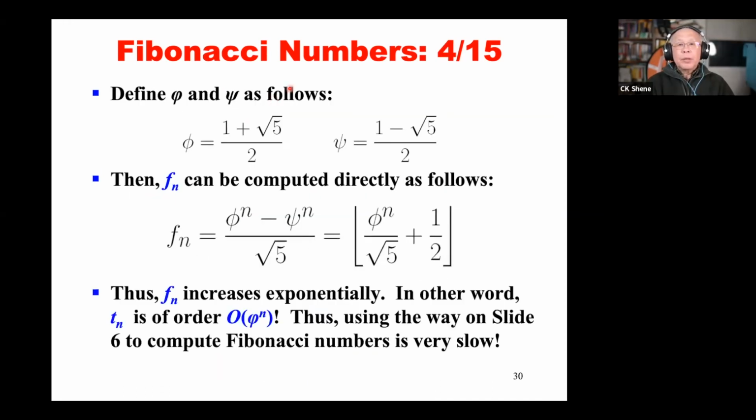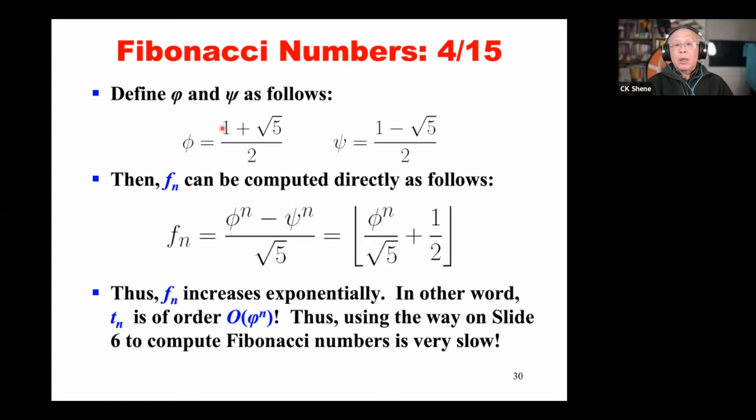It is very interesting to note that Fibonacci number can be computed directly rather than using the formula Fn plus 1 is equal to Fn plus Fn minus 1. So here is the way to do that. We don't prove it here. We define two numbers, phi and psi.